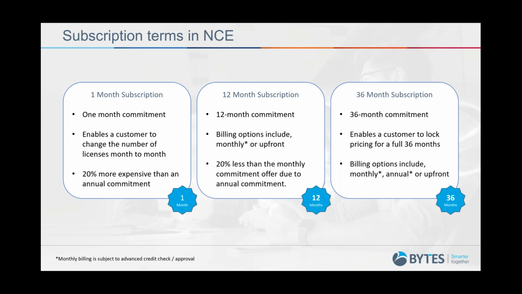And then when we do see the 36-month subscription term, again, there'll be a 3-year price lock-in for those customers, and you'll have annual upfront or even monthly billing options there again. The reason I've put an asterisk on those is because we refer to those as high-risk offers, and I'll explain all of that shortly. So just keep that in mind for a second.